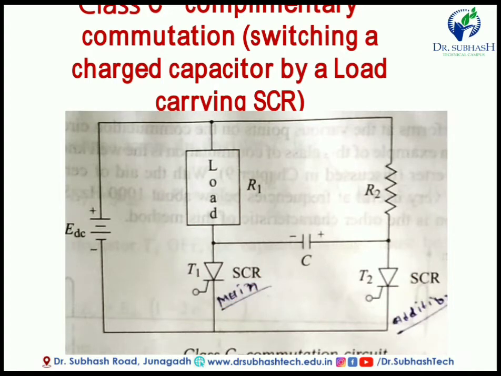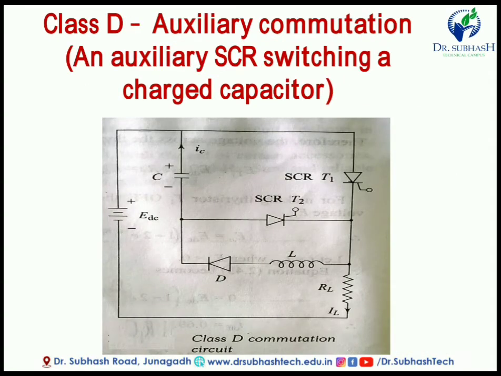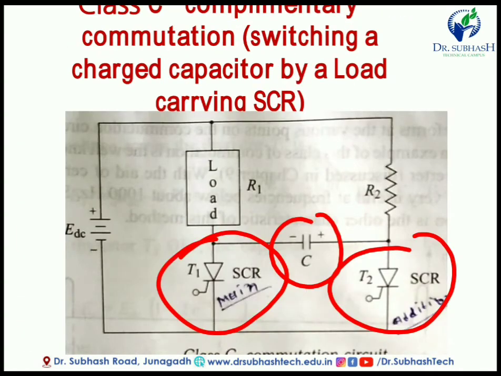If you want to turn off this SCR, then this T2, this additional SCR, is required, and it is used to turn off T1. The charging and discharging of this capacitor C can directly turn off the SCR T1.